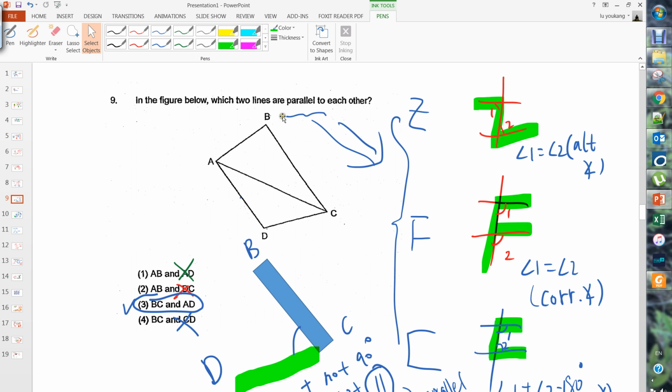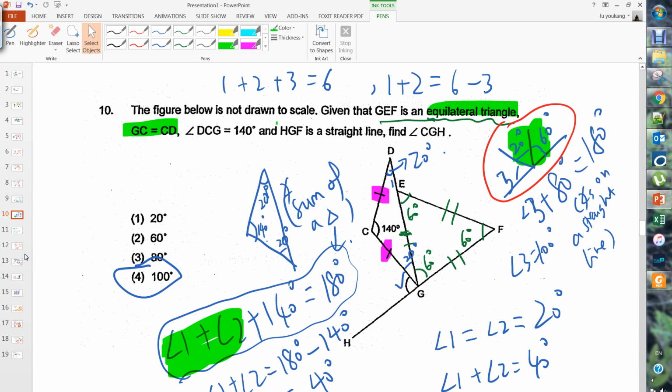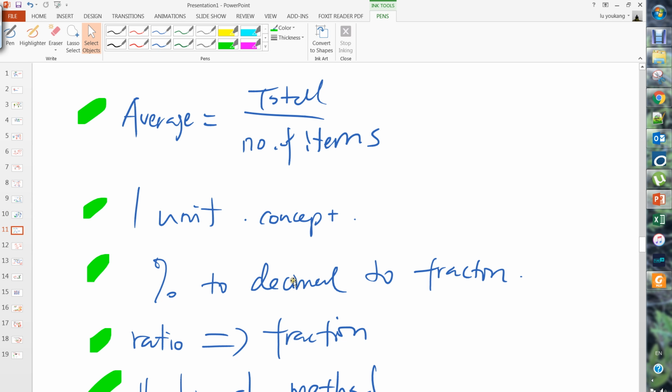Park it and then move up and down. Okay. Question 10. This one is the equilateral triangle, isosceles, sum of triangle, and then angles on a straight line. These are the common concepts we have made use of so far.